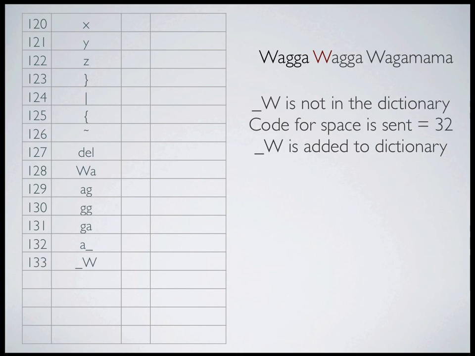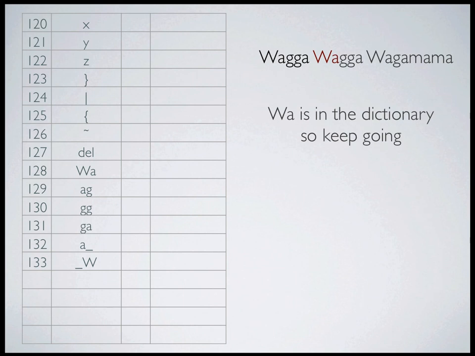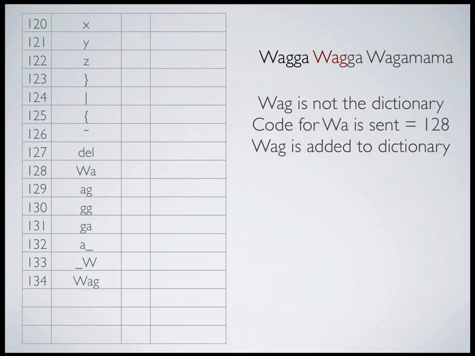Now, space W isn't in the dictionary, so we send the code for space, which is 32, and we add space W to the dictionary. Now, WA is in the dictionary. It's there at slot 128. So we keep going, we have nothing to do yet. WAG isn't in the dictionary.